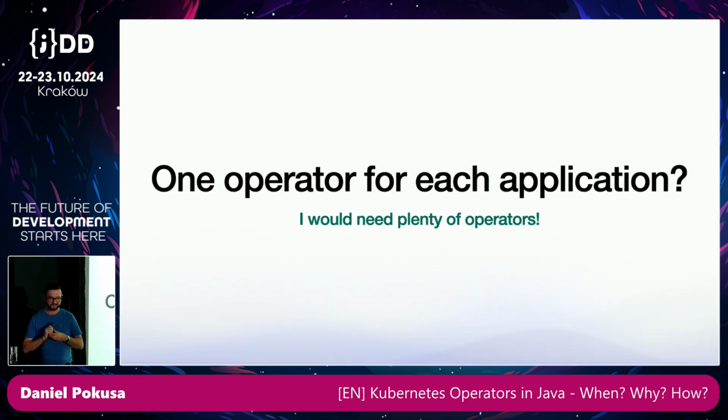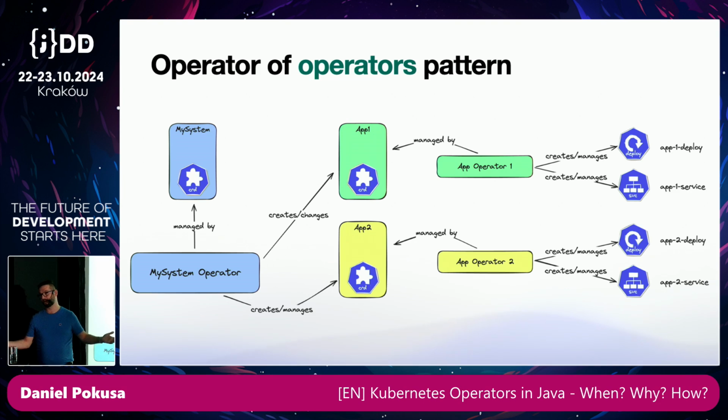I said one operator for each application, so for each CRD, that means I will need plenty of operators. Who will operate the operators? There's a pattern for that, and it's called the operator of operators pattern. You create custom resource definitions, and you create operators for these particular custom resource definitions. That way it keeps each operator simple. Operators should be really, really simple and really fast.